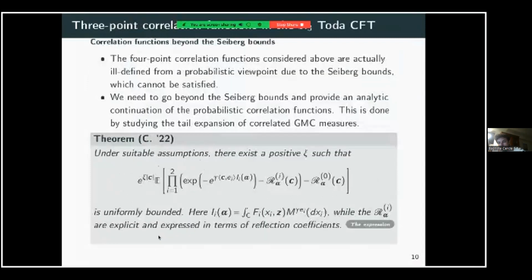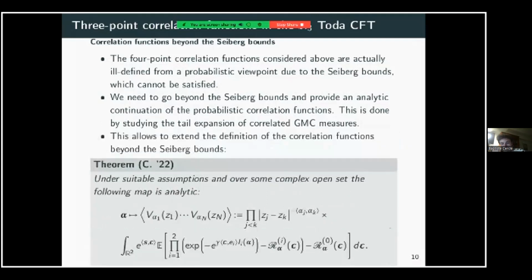And now that we have this asymptotic, you can extend the probabilistic definition of the correlation functions by simply removing these extra terms in the asymptotic of the GMC measures.